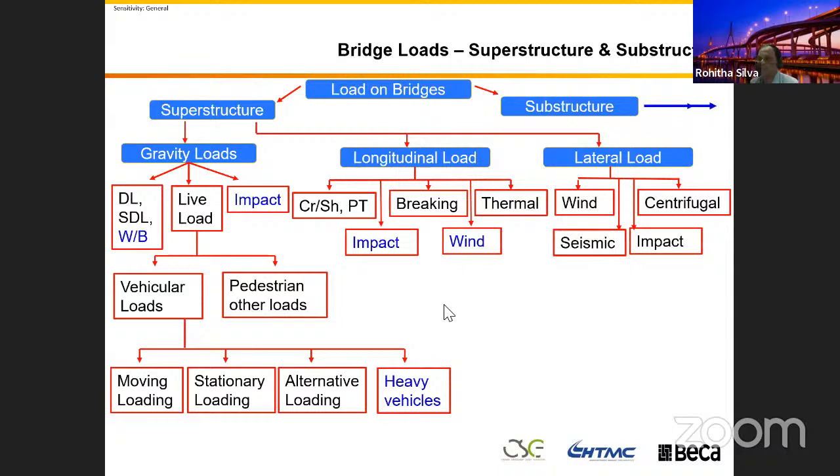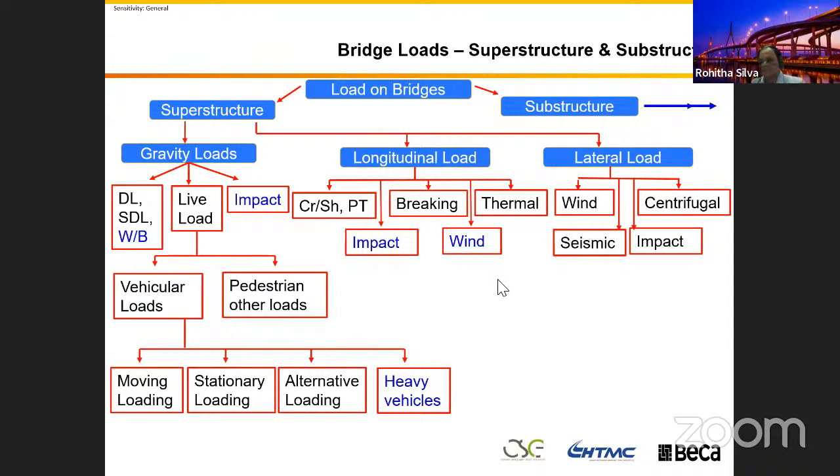And then I separated the loads on the superstructure into gravity load, longitudinal load, and lateral load. Why longitudinal load? When you are driving on a bridge, you brake. So that one, and the creep, shrinkage, and thermal effects have a longitudinal effect on the bridge. And then the lateral load, of course, wind, and the centrifugal effect, seismic impact, etc. And this I explained to you in detail.